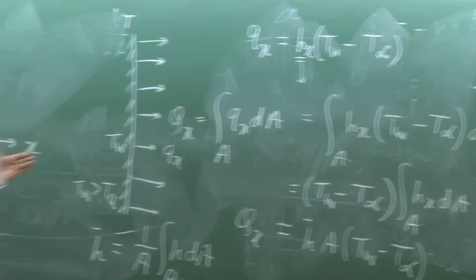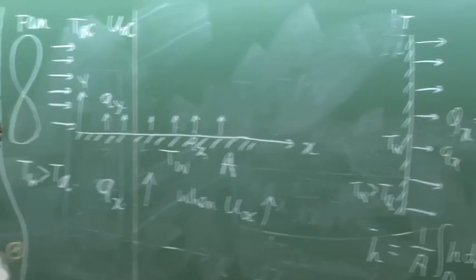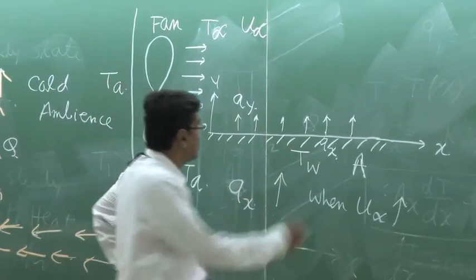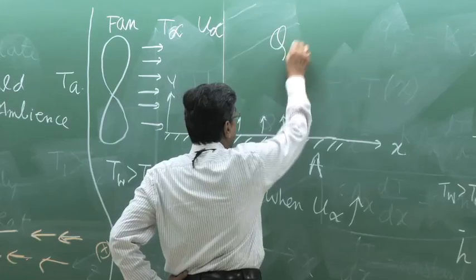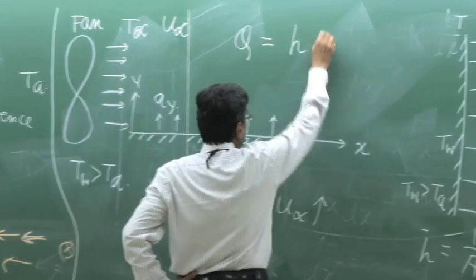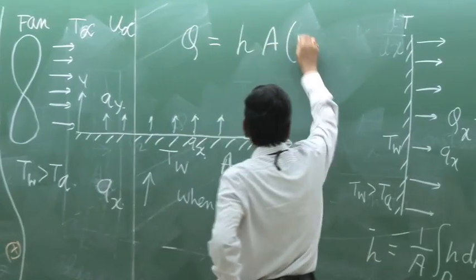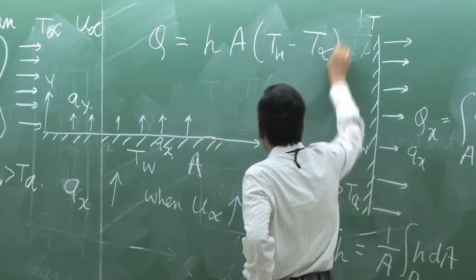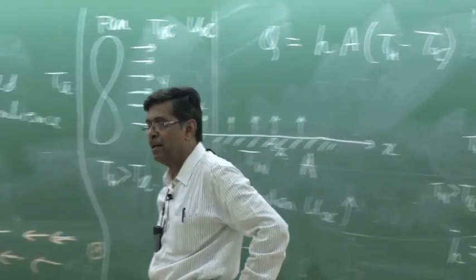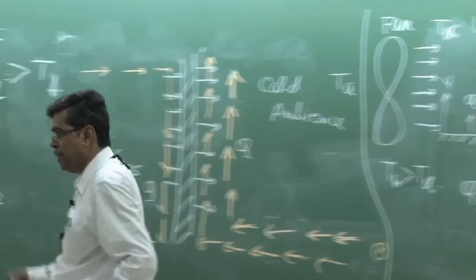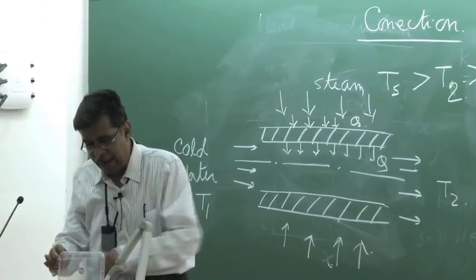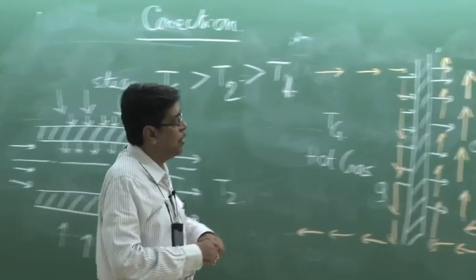If the heat transfer coefficient is constant, then H bar and H are the same. So therefore, usually we write Q is equal to HA (Tw minus T infinity), where H is either a uniform heat transfer coefficient, same over this section, doesn't vary, or an area average heat transfer coefficient H bar.